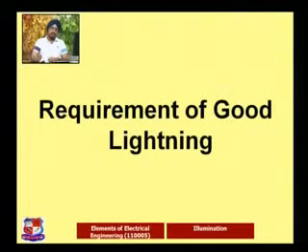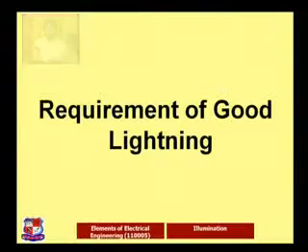We talked about direct lighting, indirect, semi-direct, semi-indirect, local lighting, general lighting, diffused one. Now we want to design that. How will we come to know that in this particular area we are going to require this much lighting? There are some points on which these lighting schemes depend.